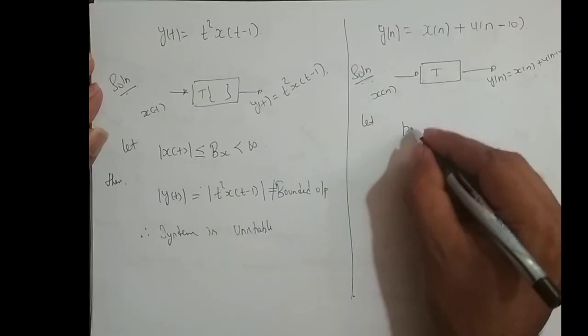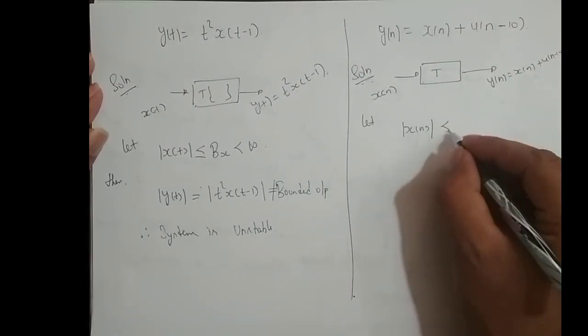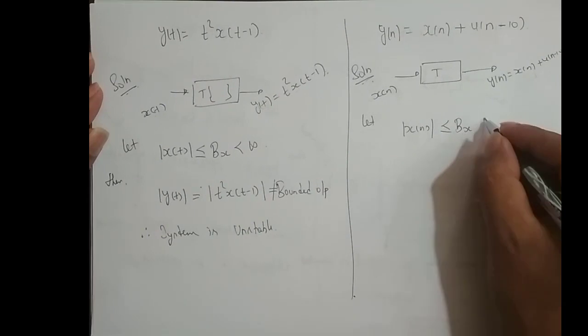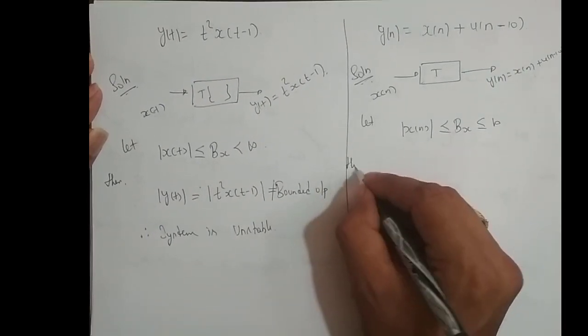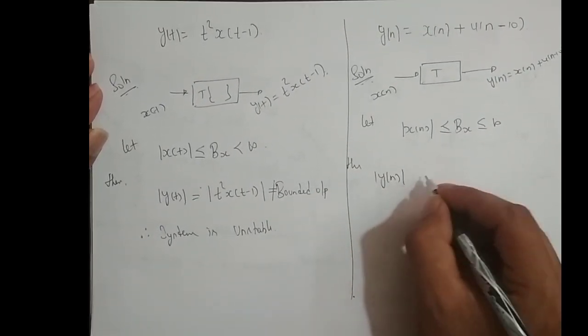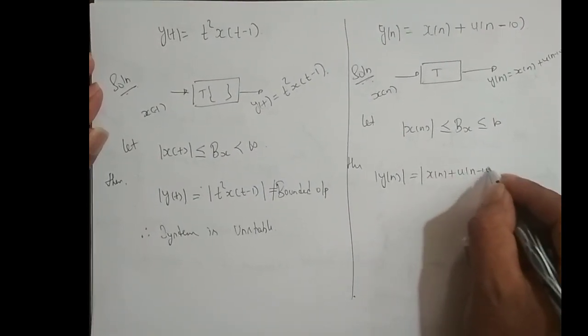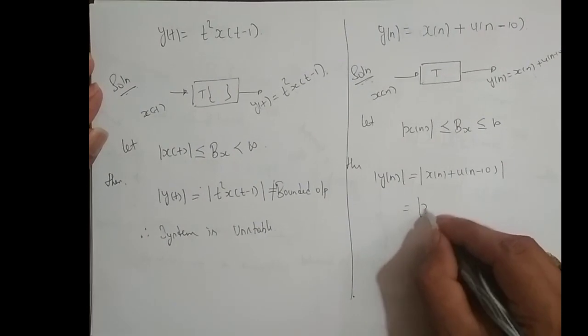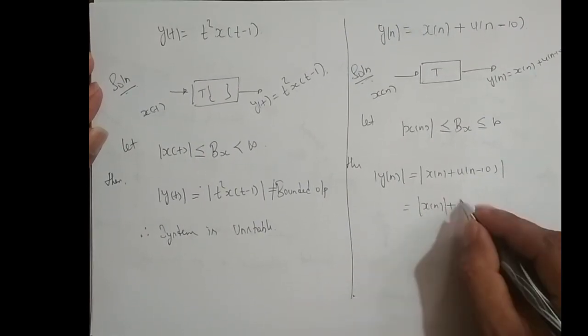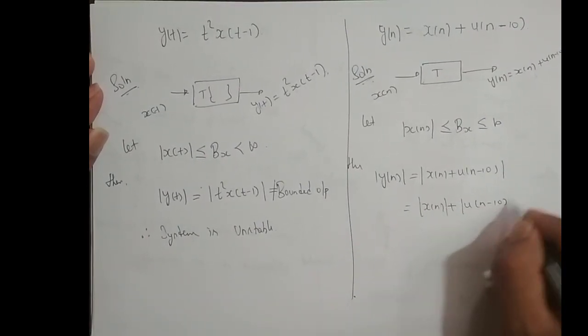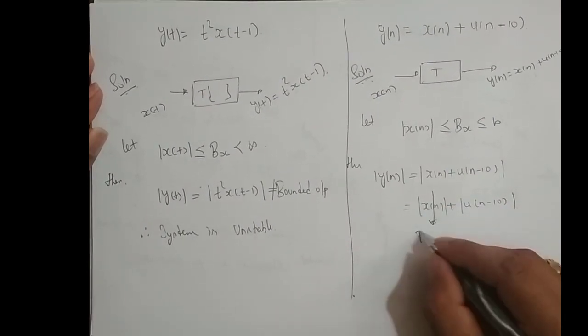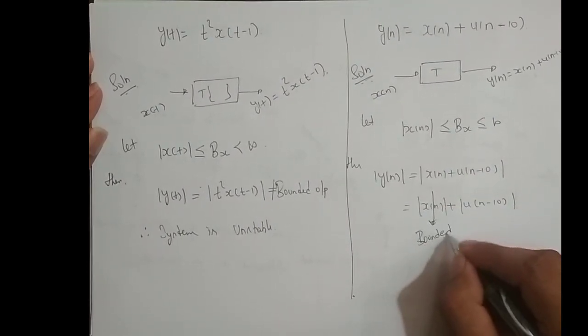Okay, so let magnitude of x of n is less than or equal to bx, which is less than infinity. So then magnitude of y of n is equal to magnitude of x of n plus u of n minus 10. I split it, magnitude of x of n plus magnitude of u of n minus 10. This is bounded, right? We assumed it.